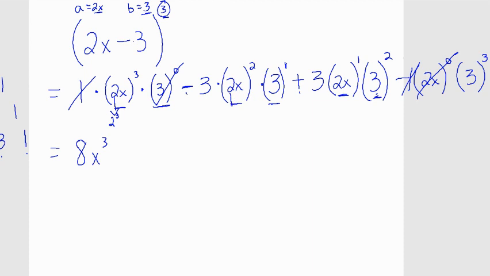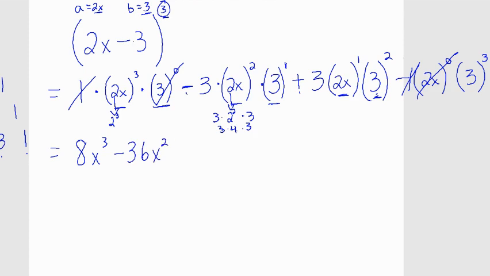Here we have 2 squared. So this whole thing turns out to be 3 times 2 squared times 3, which is 3 times 4 times 3, 12, 36. So minus 36x squared.